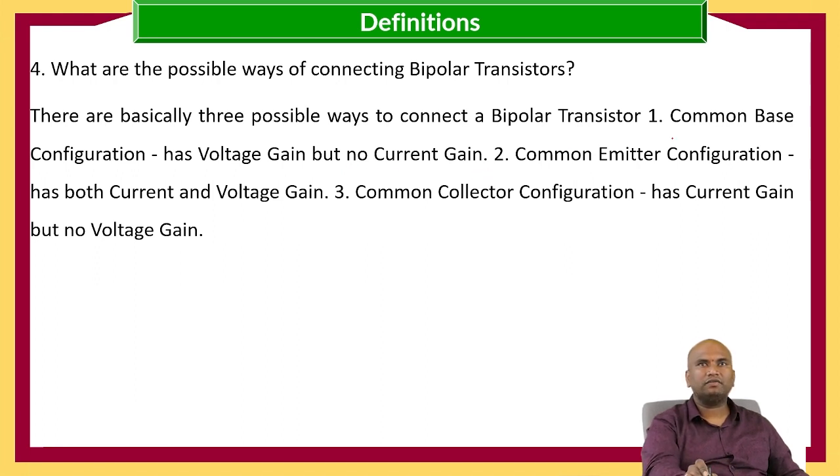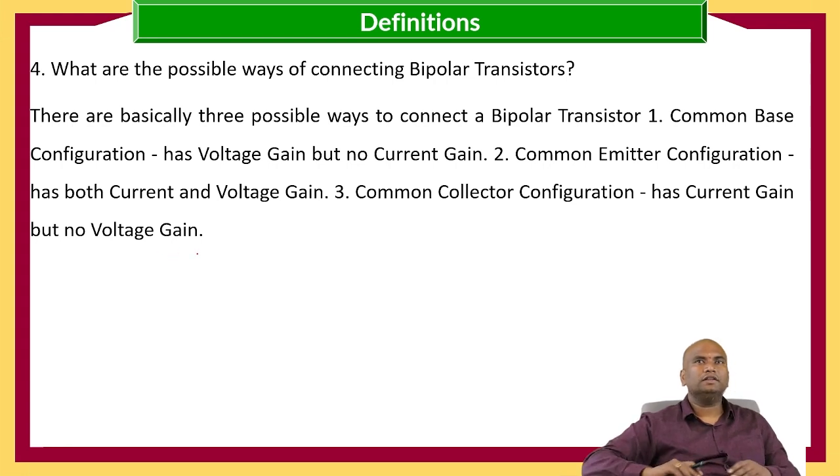Whereas the common emitter configuration has both current and voltage gain. The common collector configuration has current gain but no voltage gain. These are the three different possibilities of connecting bipolar junction transistors.